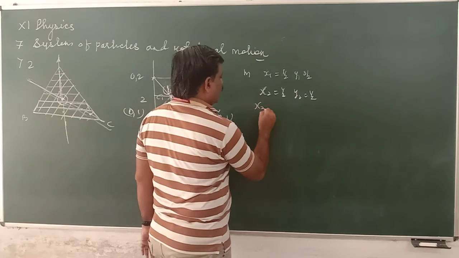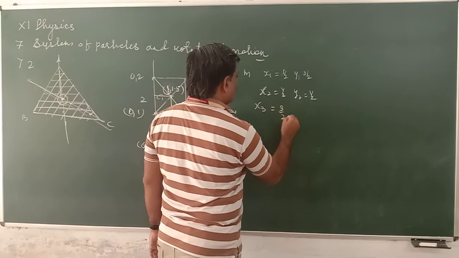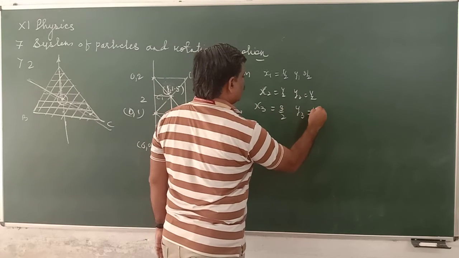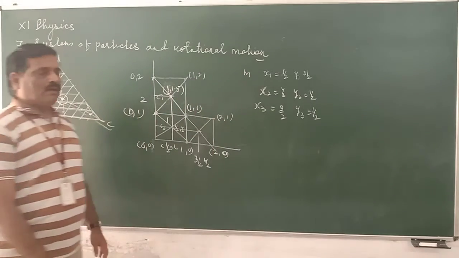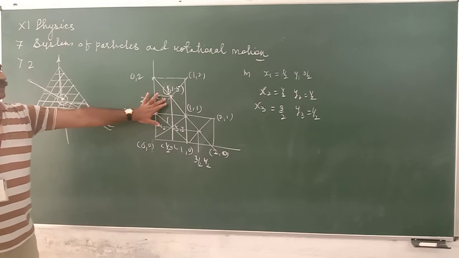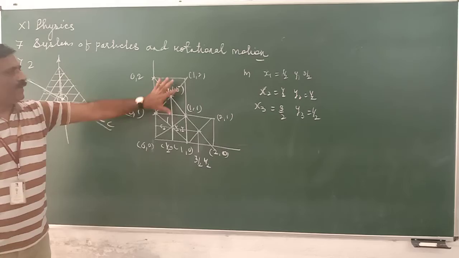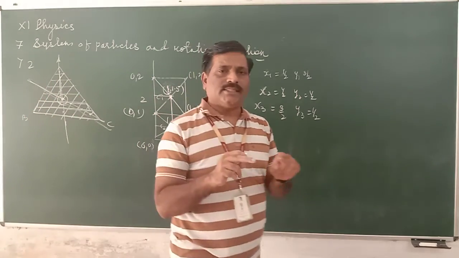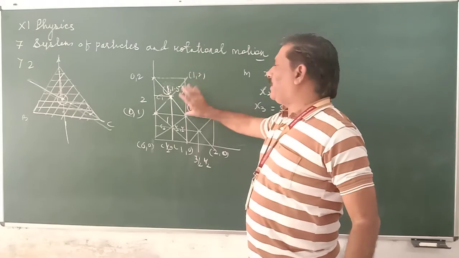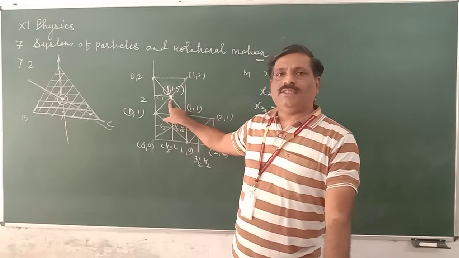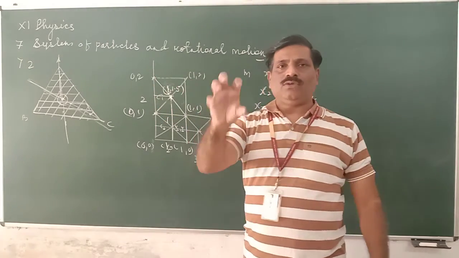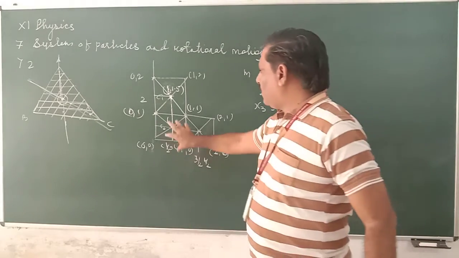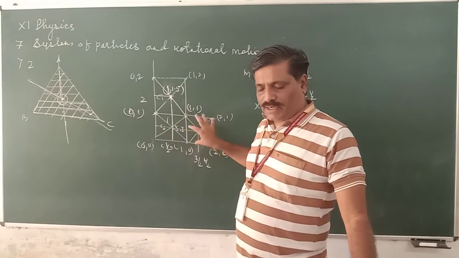C3: x3 equal to 3/2, y3 equal to half. We got it. This complete square part can be converted into one point, because if the body is symmetric, its center of mass is at its center. Similarly, the complete part is converted into a single particle.